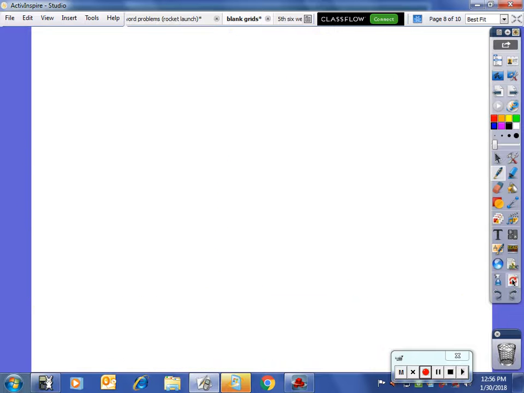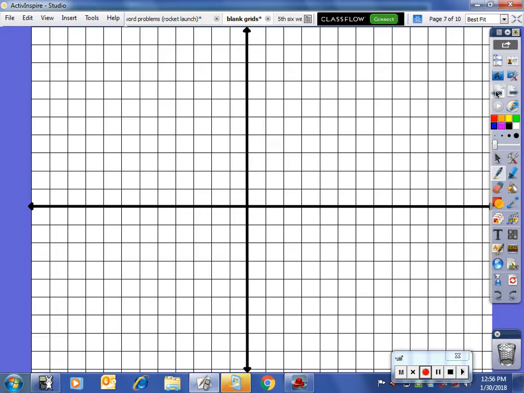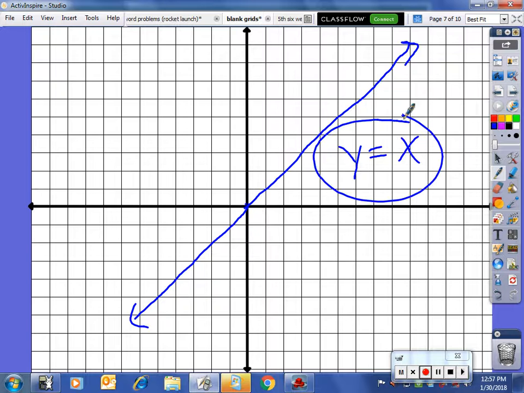Oh, one other thing before we get off the grids. All right, here is a line that I definitely want you to be familiar with. Yeah, this is y equals x. Okay. Now, that is a very special line. Why do you think it's special? It does go through the origin.